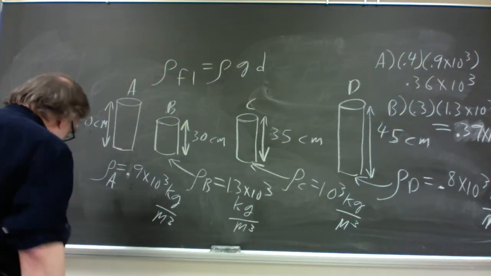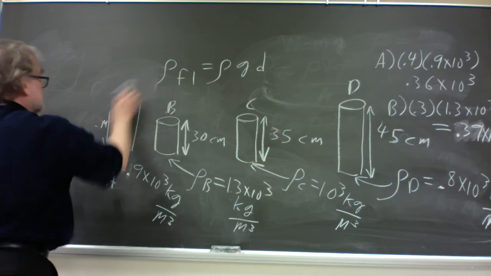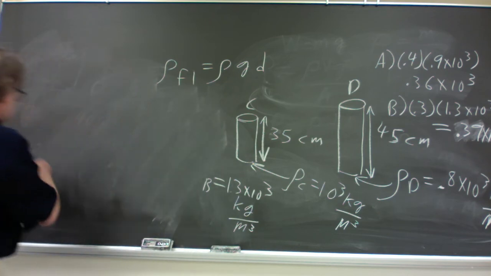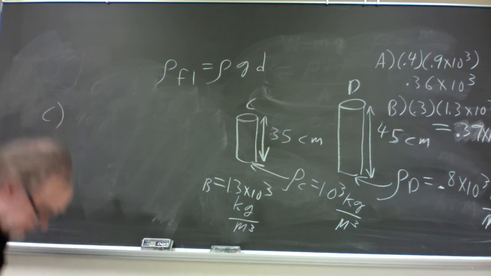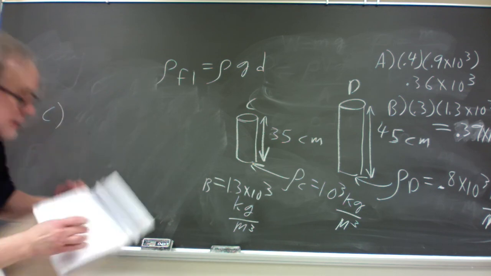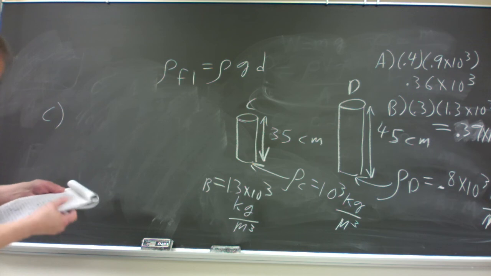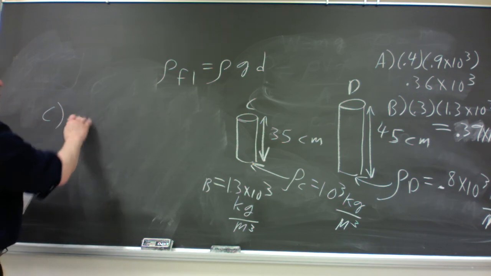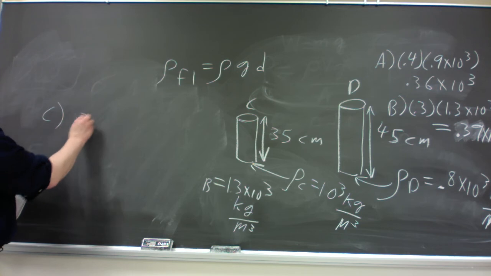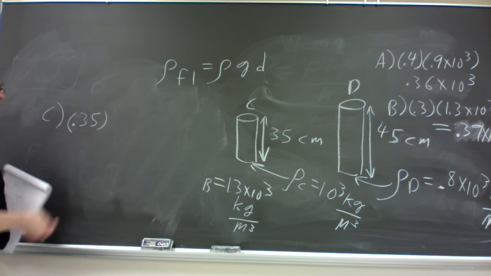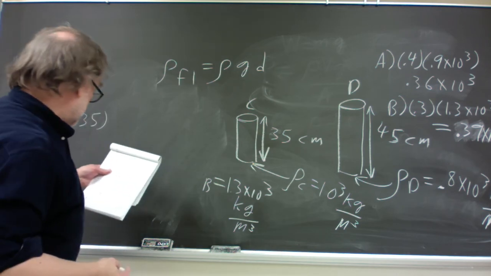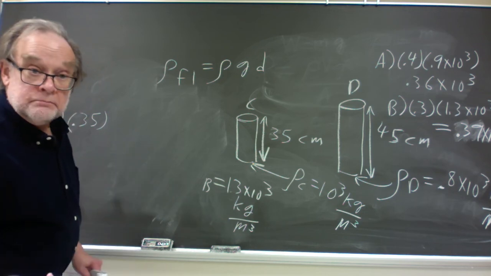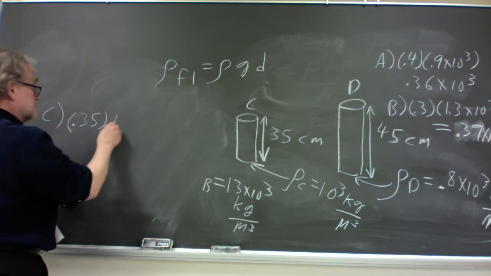And then C, density times depth is 0.35 meters, 35 centimeters, times a density of 1 times 10 to the 3.